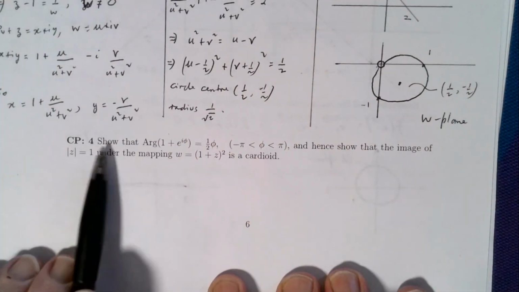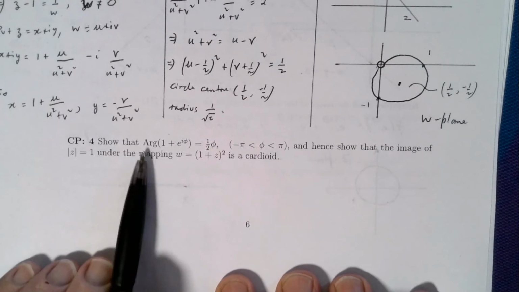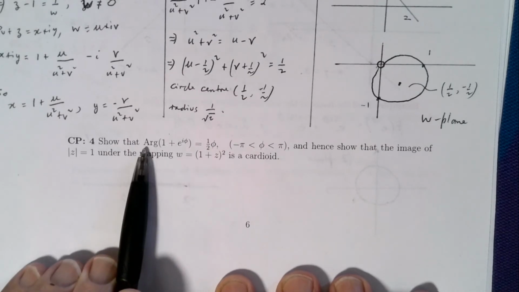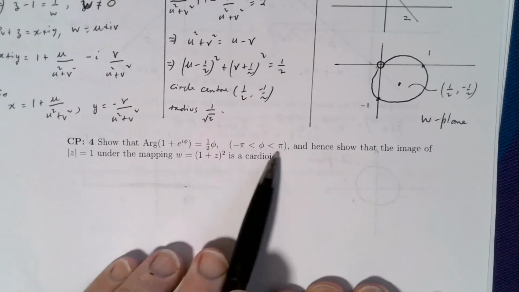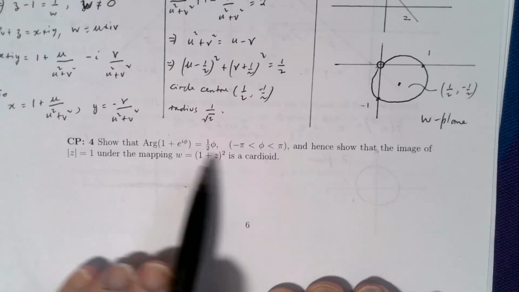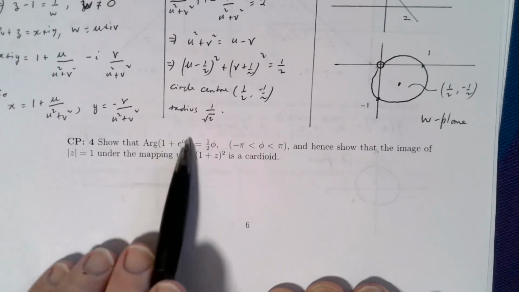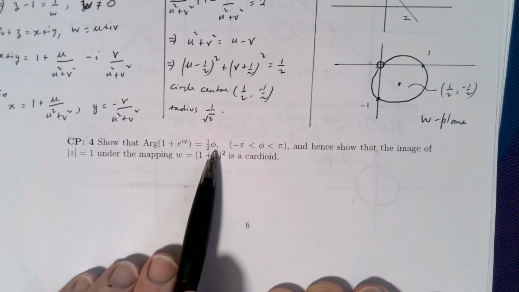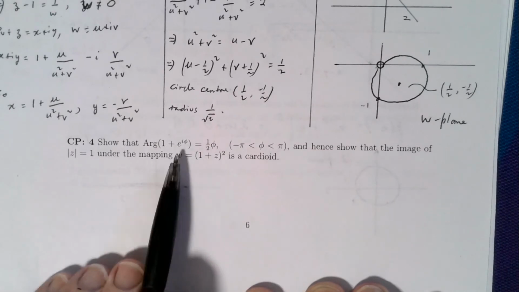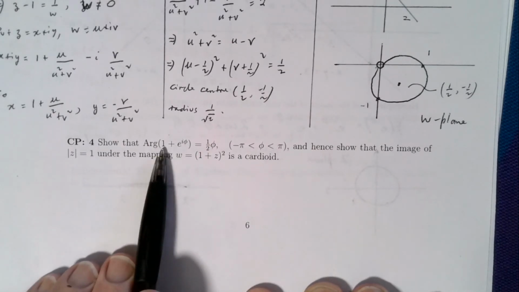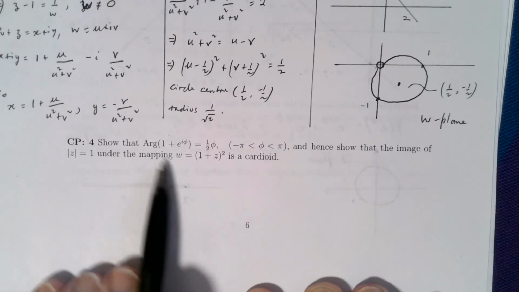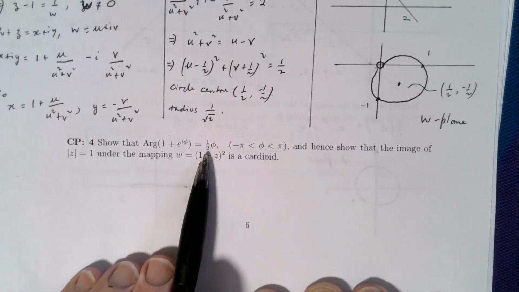Here's a little, not very difficult, challenge problem if you want to play with these ideas a little bit more. See if you can show that this is the principal argument of 1 plus e to the i phi, where phi is between minus pi and pi, and that it is equal to a half of phi. So if we take e to the i phi, 1 plus e to the i phi, and take its argument, then the principal argument is a half the angle we started with.